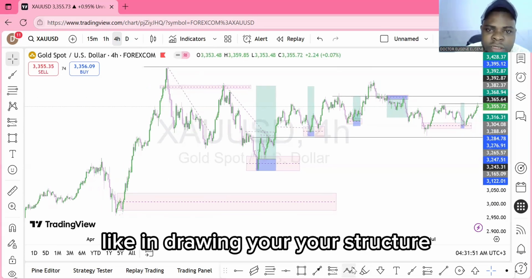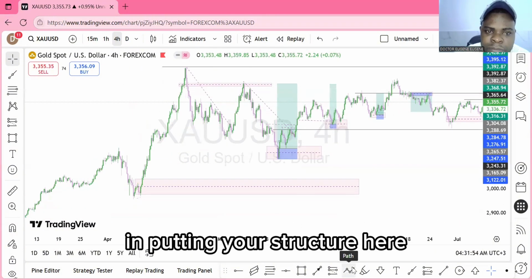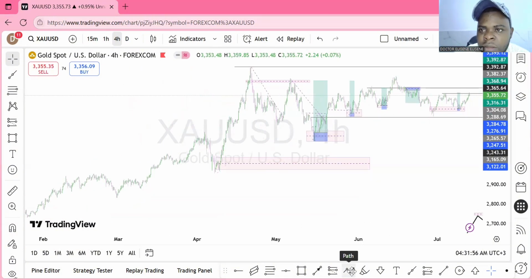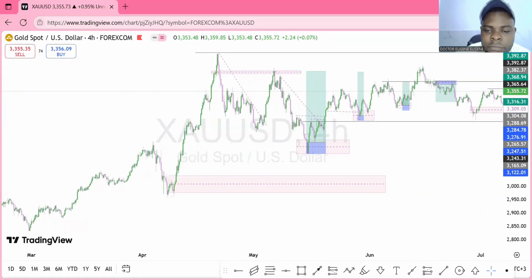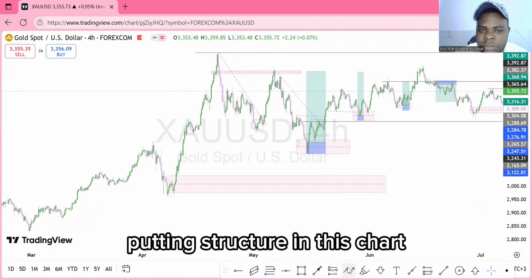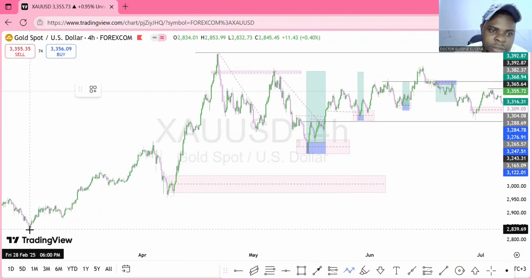In drawing your structure, in putting structure on this chart, this is it here.